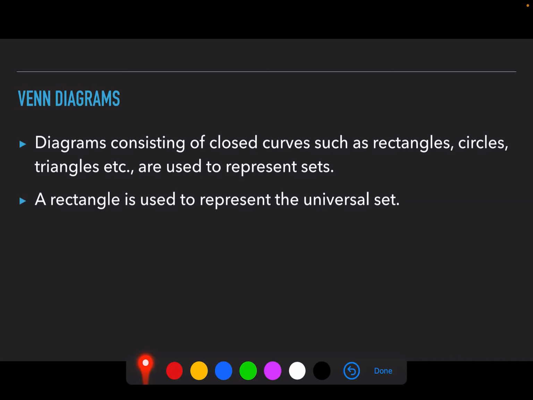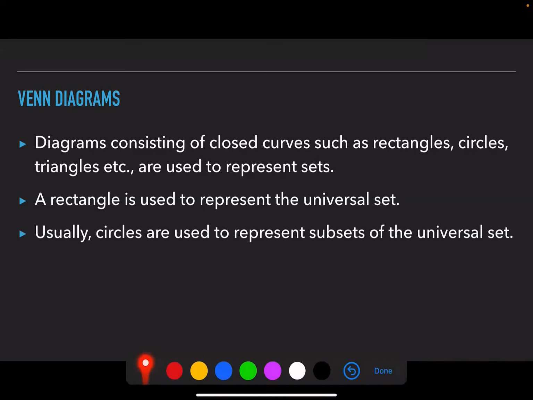And then you have natural numbers, whole numbers also as part of the real number system. So in that case, you can consider the real number system as a universal set. It depends on the context. Suppose you take integers, which have even integers and odd integers. You can take the set of integers as the universal set. It depends on the context.